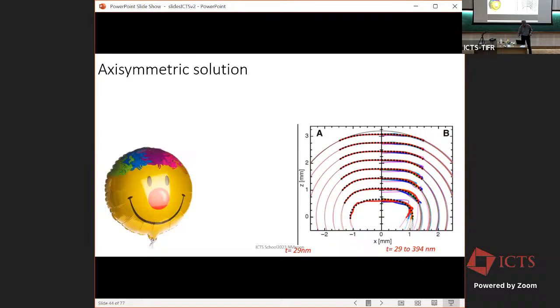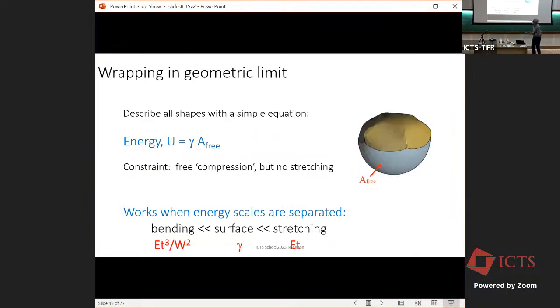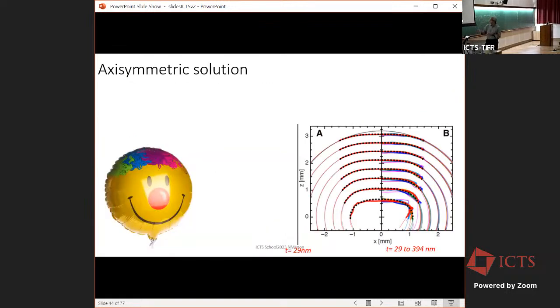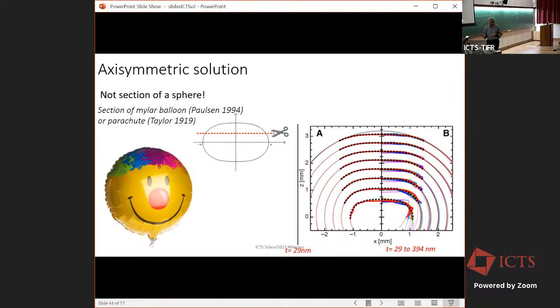There are solutions for some pieces of this that are clear. The axisymmetric part is, this is not a sphere, right? The top of this is already not a sphere when you start off. This is actually this shape, this balloon, and there exist solutions for this from Paulson. And of course, Taylor has also put his stamp on this problem.